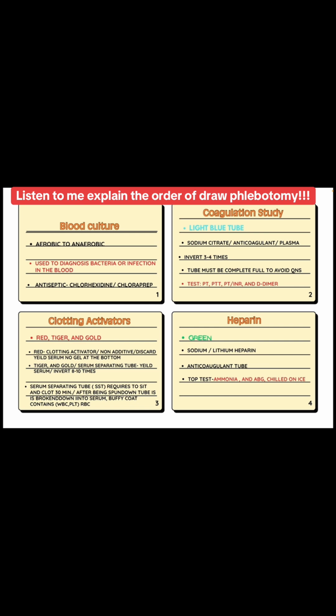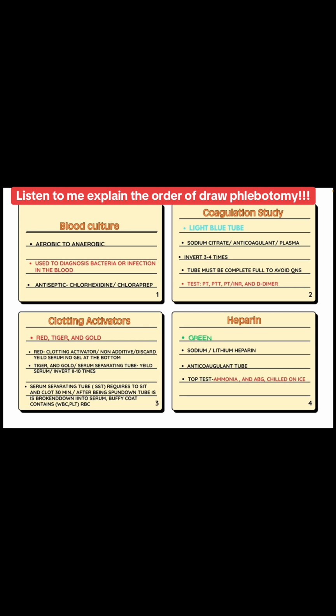These are important tests when it comes to our coagulation studies. These tests will check how long it takes for your blood to clot, what your platelet counts look like. All of that information can come from our coagulation study tube, which is the light blue.